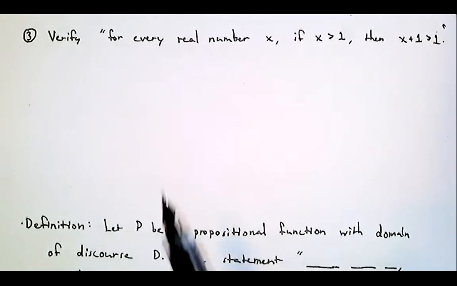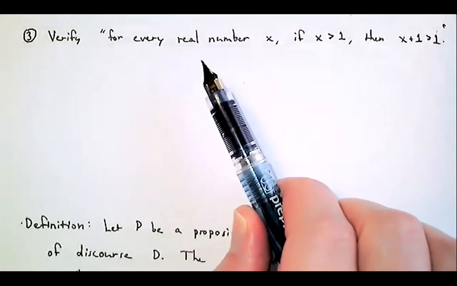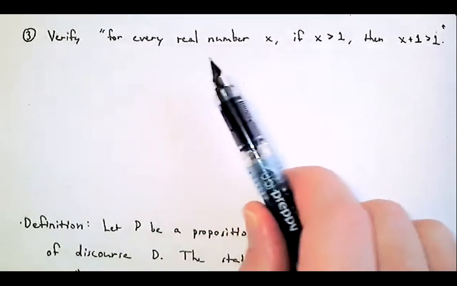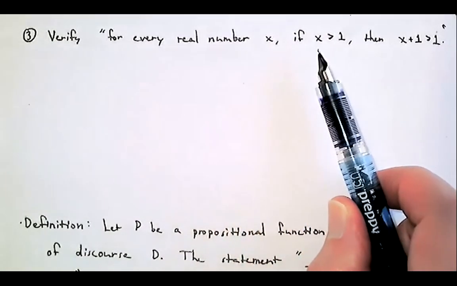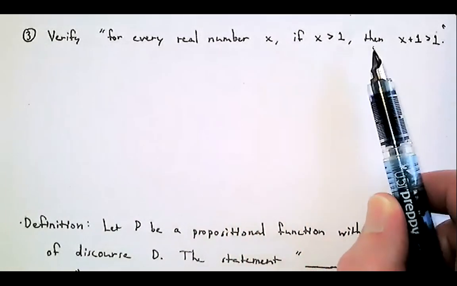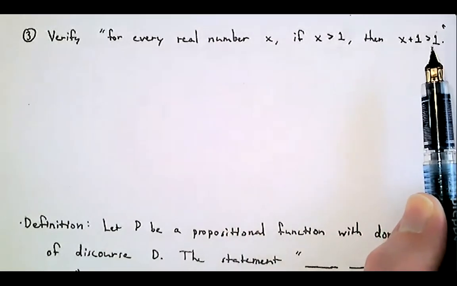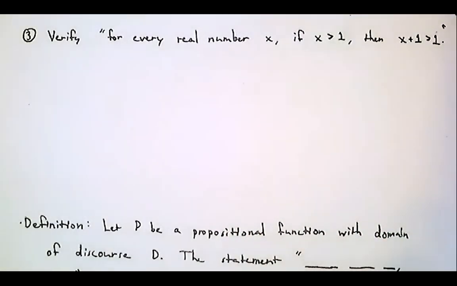Okay, so let's take a look at this next universally quantified statement. This one says for every real number x, if x is greater than 1, then x plus 1 is greater than 1. So what do you think? Is this a true proposition or a false proposition?